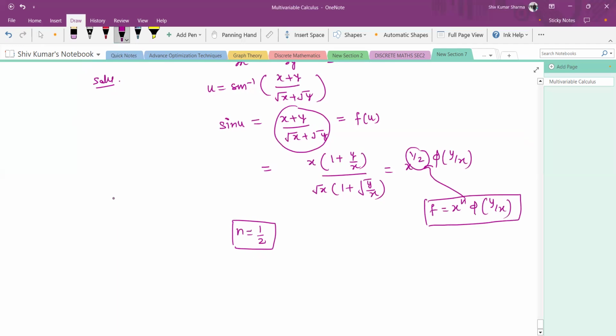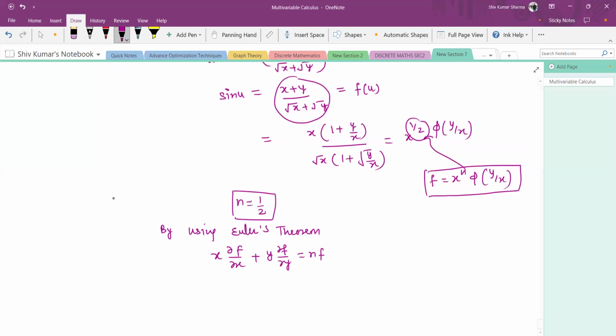After calculating the degree, we have two ways to solve this problem. One way is to apply Euler's theorem. Euler's theorem says that x ∂f/∂x + y ∂f/∂y = nf.